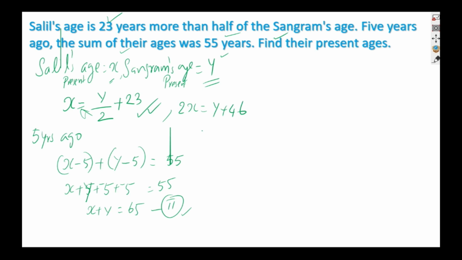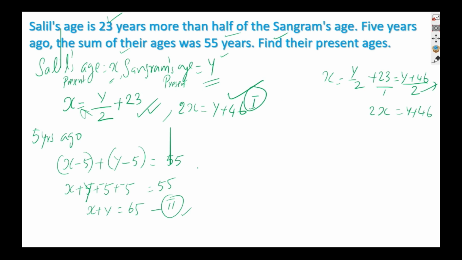I think you understood how we got it, because y upon 2 plus 23 can be written, taking the LCM as 2, as y plus 46 upon 2, and cross multiplying, we get 2x is equal to y plus 46. So this can be considered as an equation.